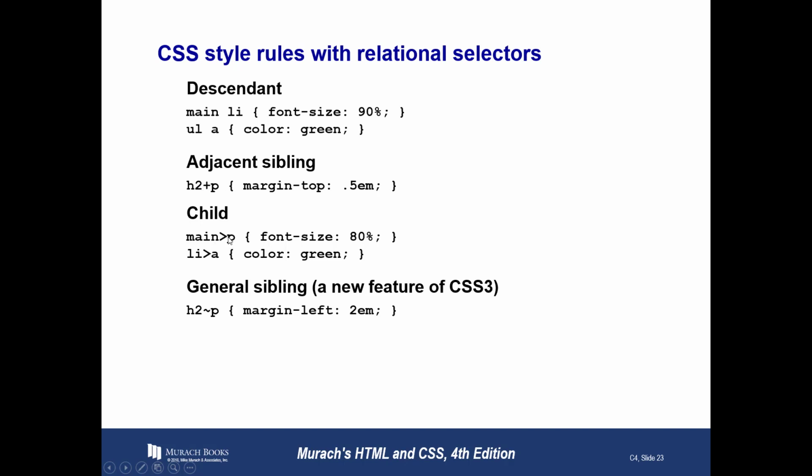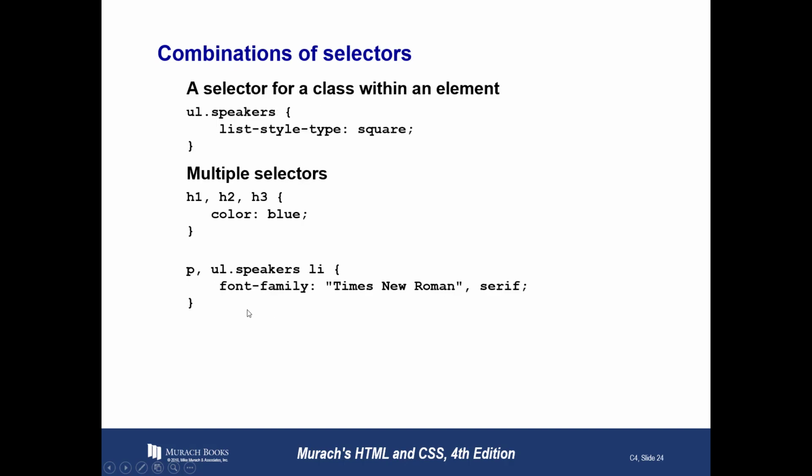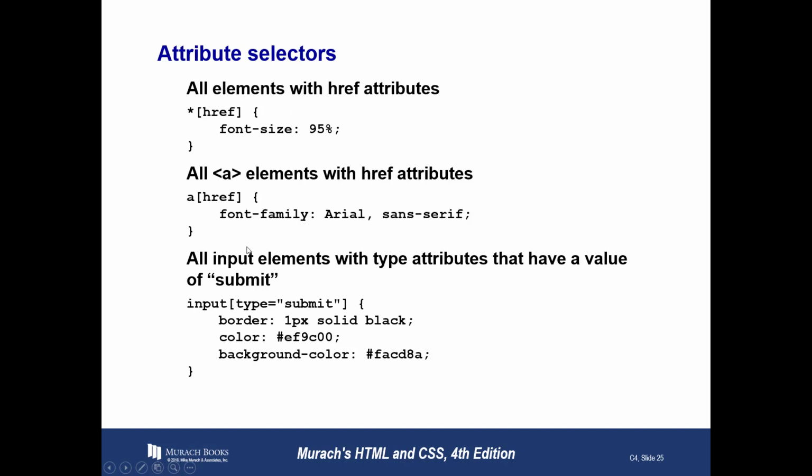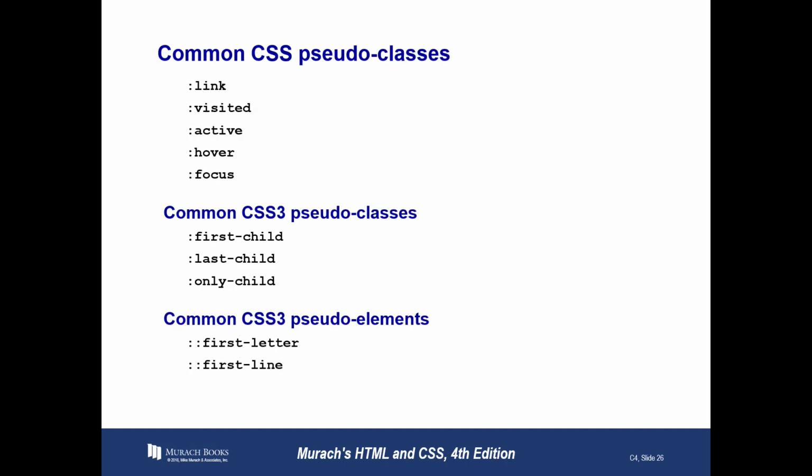So these are paragraphs that are direct children of main, anchor tags that are direct children of an LI. Then there's general siblings. We're going to get into all this stuff later. And you can use combinations as well. You can do some pretty heavy stuff with this. And if it sounds right now as though you're kind of going over it quickly, yeah, because I don't want to overwhelm anybody.